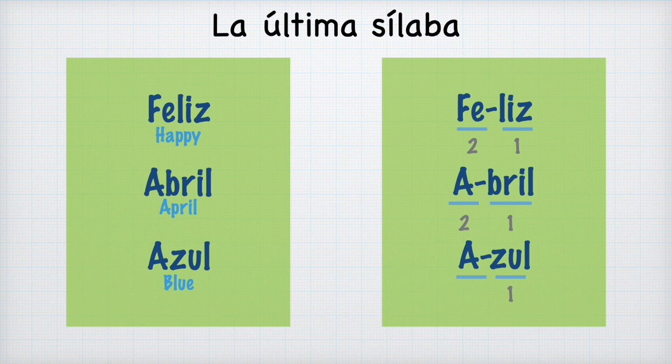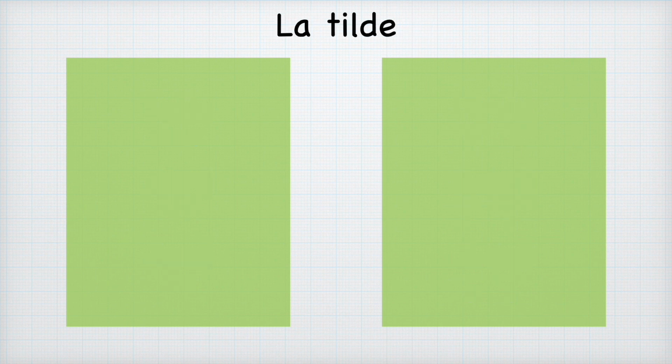And again, it has 2 syllables. And we're going to stress the last one. Azul. And again, here we will use the tilde or the accent when we don't want to follow that rule. We're going to look at some examples of words that don't end in vowels or the letter N or S. So the stress would be at the end, as we saw previously.